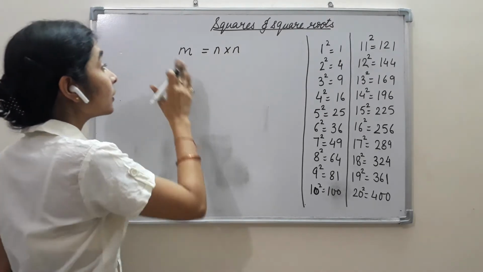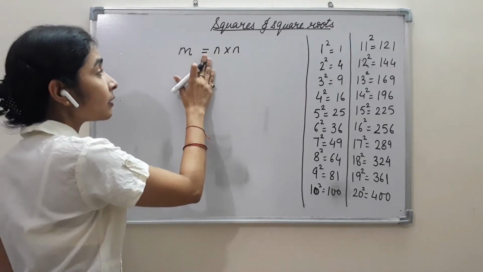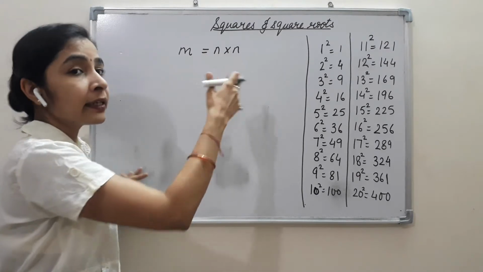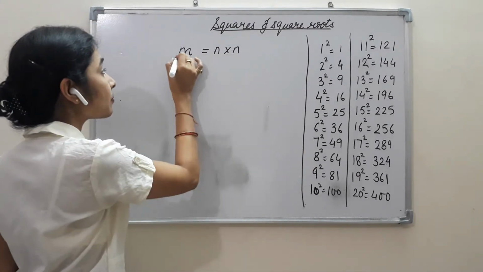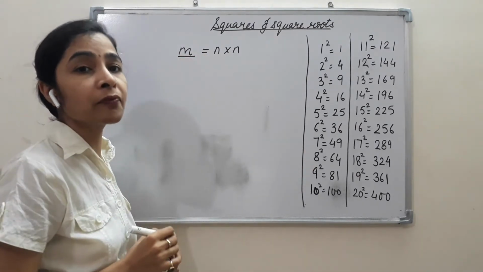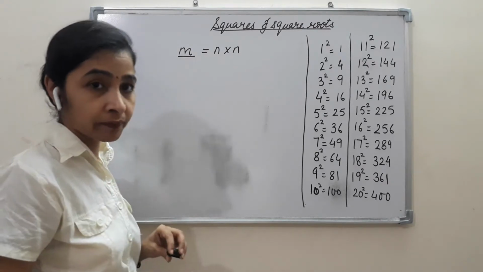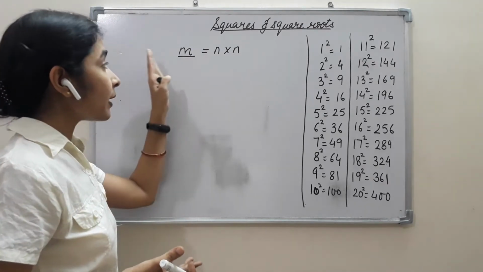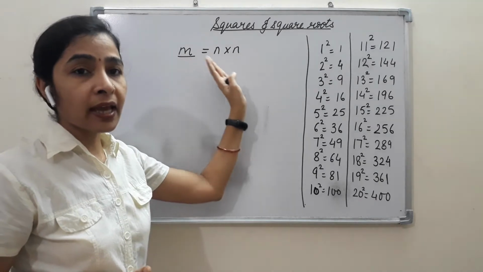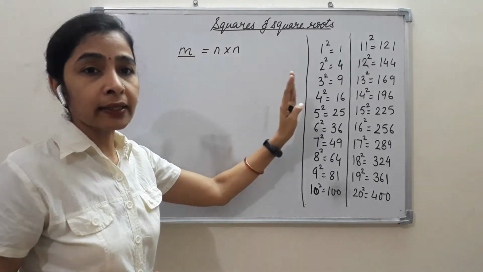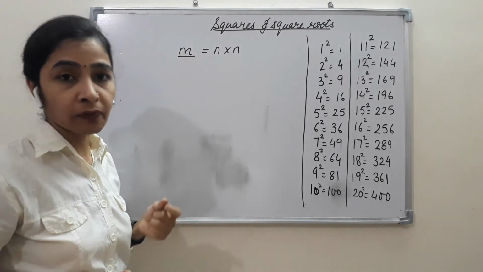So the number m, if it can be expressed as n into n, then this number m is called a perfect square or a square number. Any number m which can be expressed as n into n is called a perfect square.